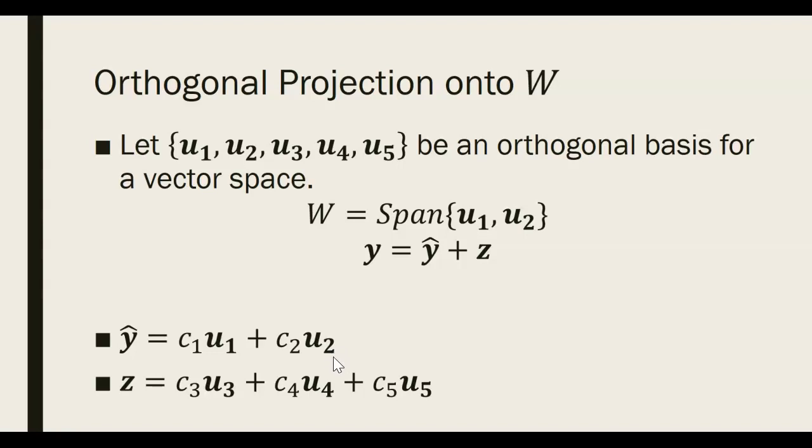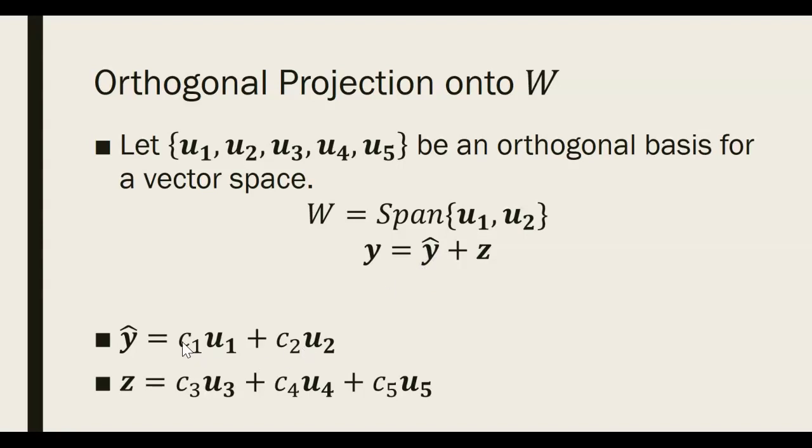You can check that by just taking an inner product of the z with U1 and seeing that you get 0, because you're taking inner products of U1 with U3, U1 with U4, U1 with U5. And then you can do the same thing with U2 as well. So because we started with an orthogonal basis, and because we chose W, which was a span of an orthogonal basis, we could break it up like this.